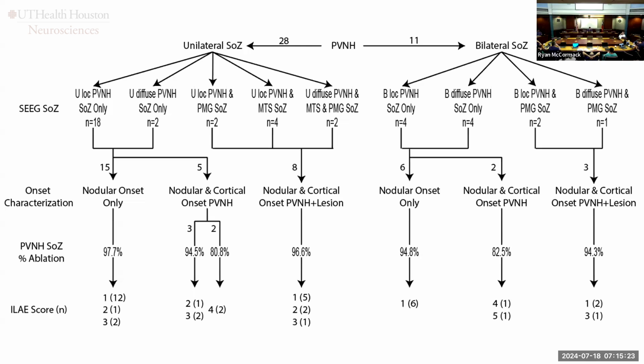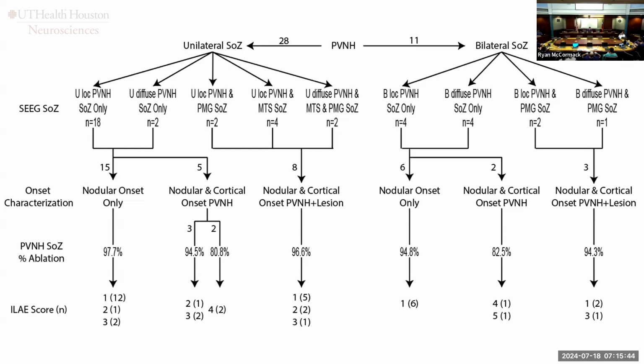Looking at the SEEG data, we found that most patients had a predominantly nodular onset, meaning it was coming only from the PVNH. However, there were several patients that, through a variety of different factors, we were unable to identify only nodular onsets, but nodular and cortical onsets.